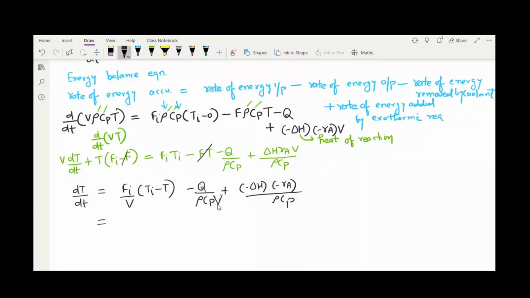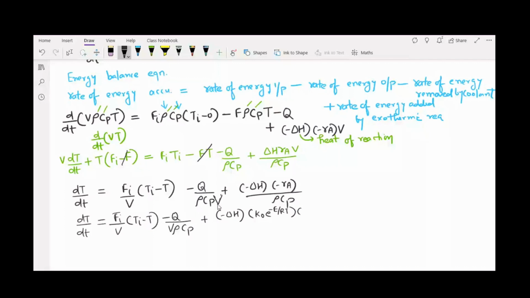dT by dt equals Fi by V times (Ti minus T), then Q upon V rho Cp plus delta H. And what is minus RA? Minus RA we can write as K naught e raised to the power of minus E by RT into Ca, divided by rho Cp.